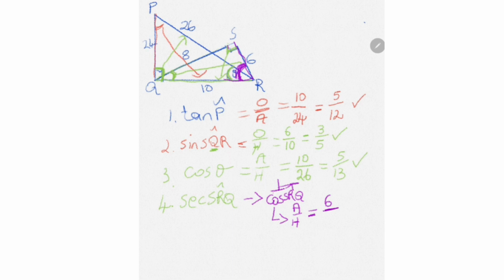That will be the side opposite the 90-degree angle, which is QR, and that is 10. So cos of SRQ is equal to 3 over 5. Therefore, sec will be equal to the reciprocal of the cos. So if cos is 3 over 5, that means sec is 5 over 3.